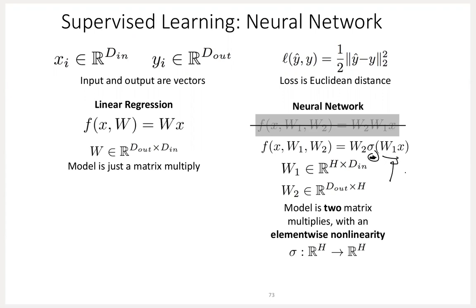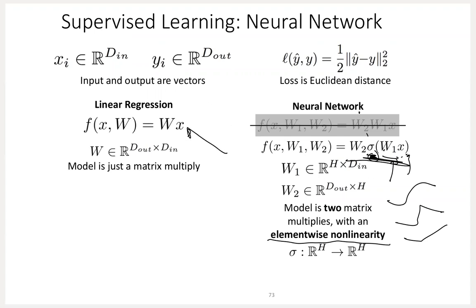By the way, this should be a vector, because X is a vector, and W multiplied by X is a vector. So this is an element-wise operation: for each element, I can apply an element-wise nonlinear function. For example, it can be a sigmoid or step function or anything. Now this will be a richer model than the one before.